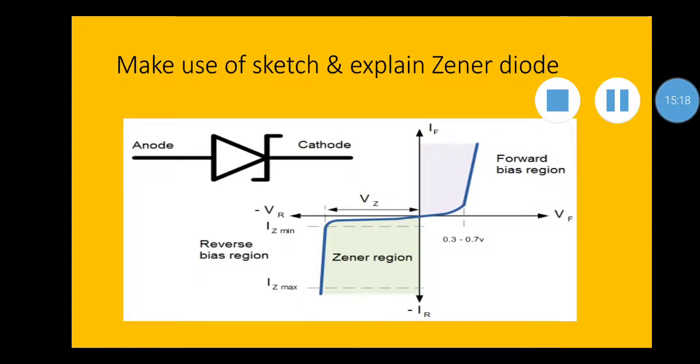Next question: make use of a sketch and explain the Zener diode. Here, the Zener diode has a cathode and anode, with current and voltage, that is forward bias and reverse bias regions.